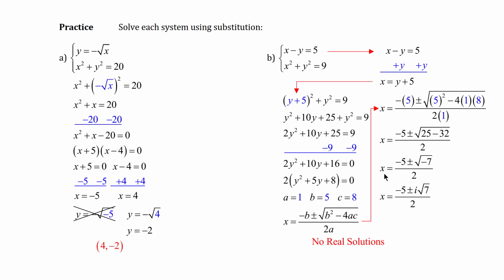So we get x equals negative 5 plus or minus the square root of negative 7 over 2. Next, we could simplify the square root of negative 7 as i root 7. The final result is x equals negative 5 plus or minus i root 7 over 2. Because the result is a complex number, this means that there are no real solutions.